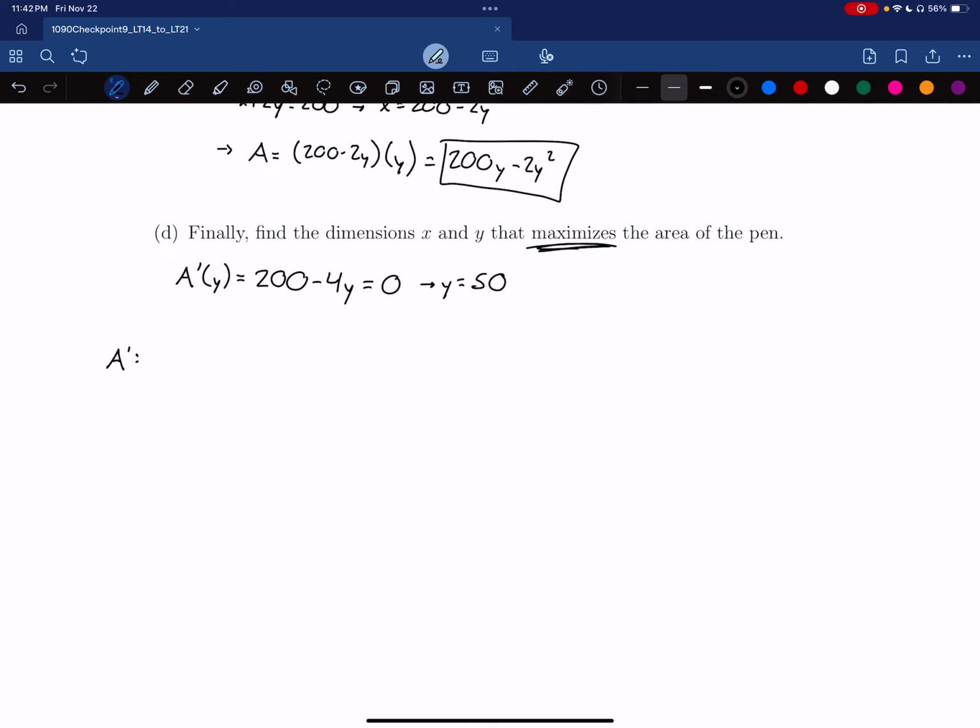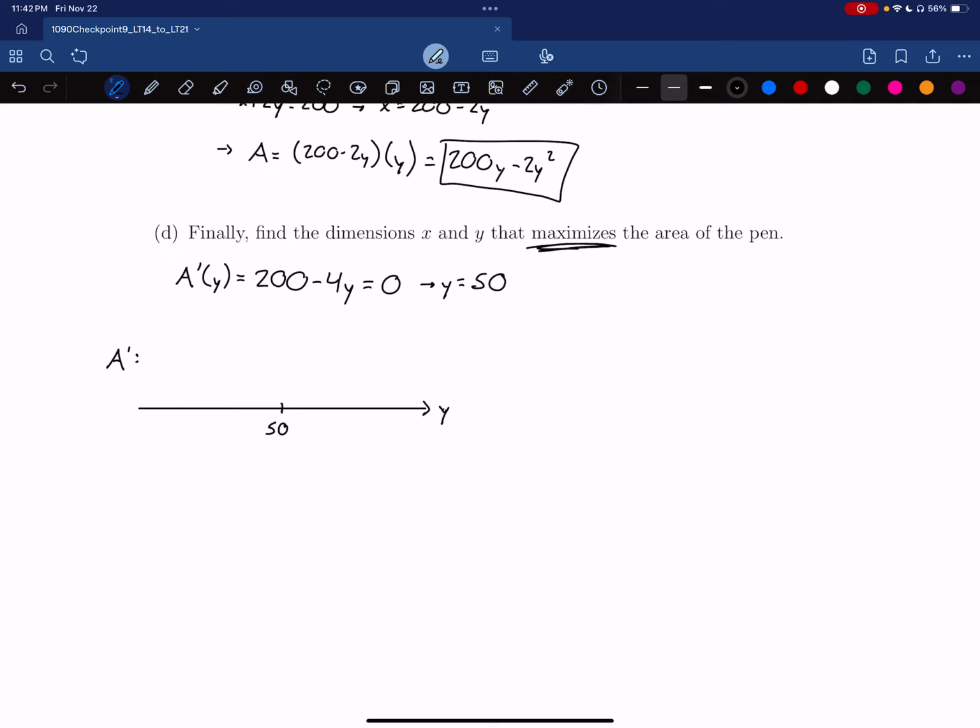Or I guess it could be 200, but then you'd have no other fencing from either side. So you assume it's y equals 50. But we're just going to do a line chart anyways, because there could be situations where you get multiple values of y or multiple values of x, and you actually find which one is the maximum or which one's the minimum. A little tangent there, but I'll have 50 is the value of y we solve for.